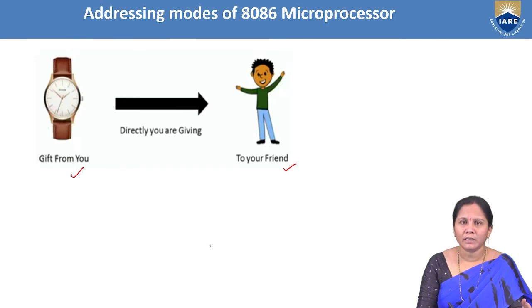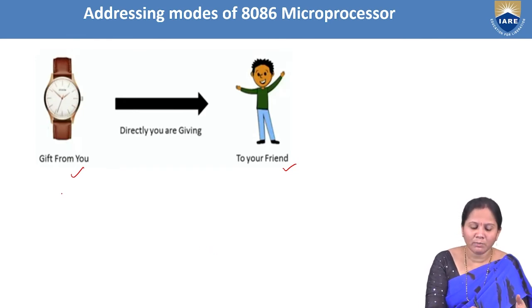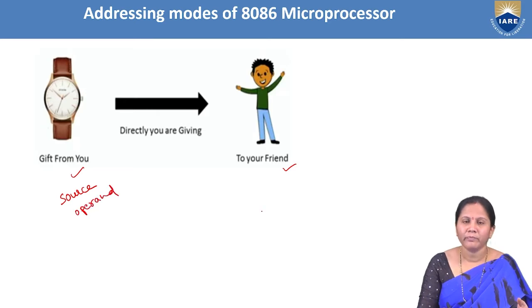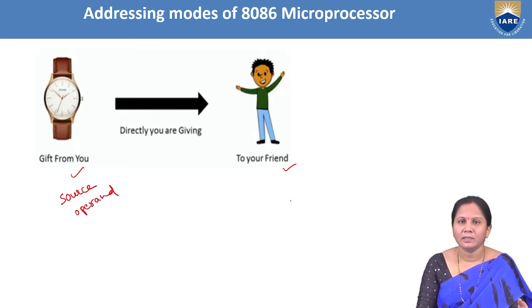Coming to the technical concept, the watch can be considered as the source, or the operand, and the place where it has to reach, that is the friend, can be considered as the destination.